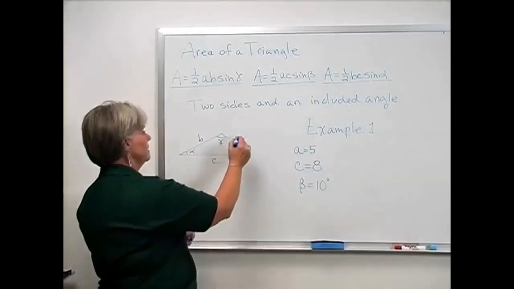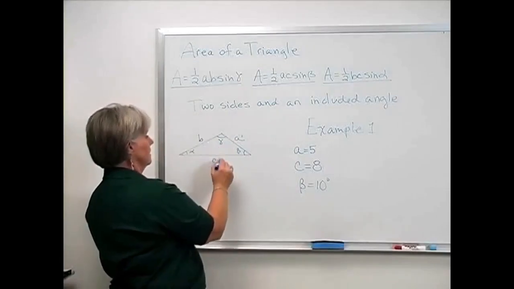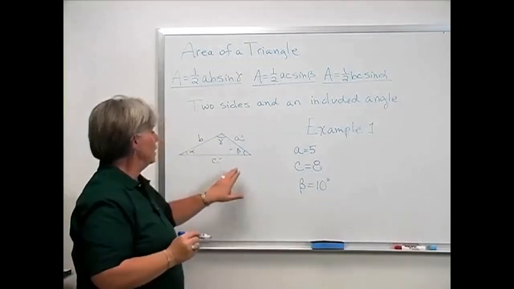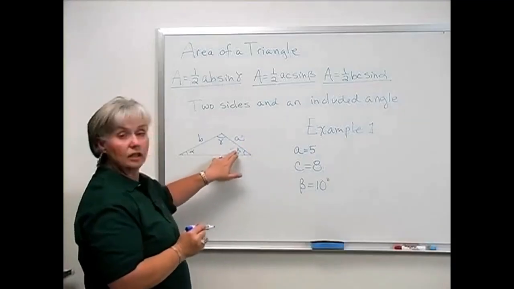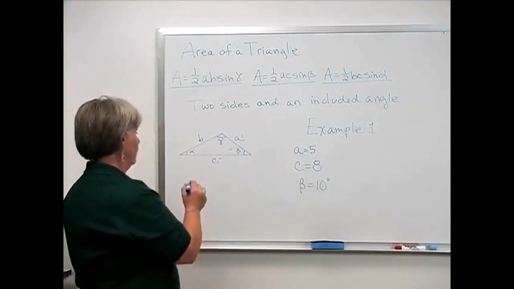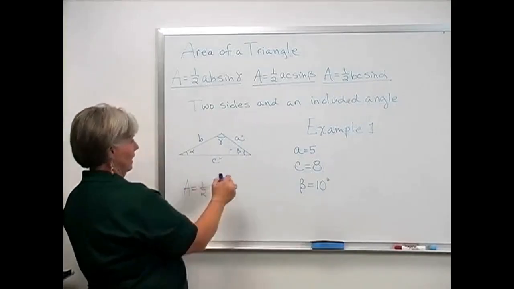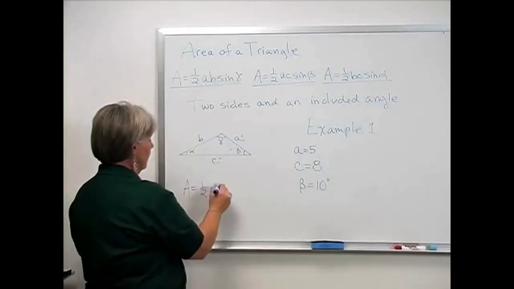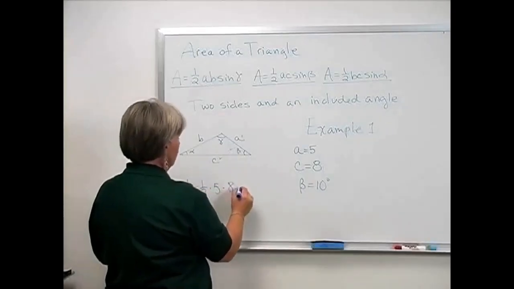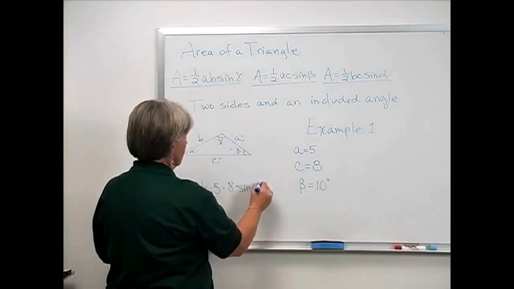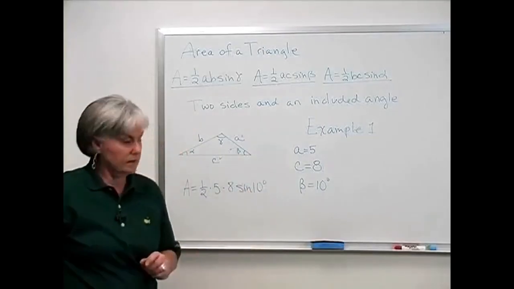You can see that this is a and c and beta, so that's your two sides and the included angle. So the area is 1/2 times 5 times 8 times the sine of 10 degrees.